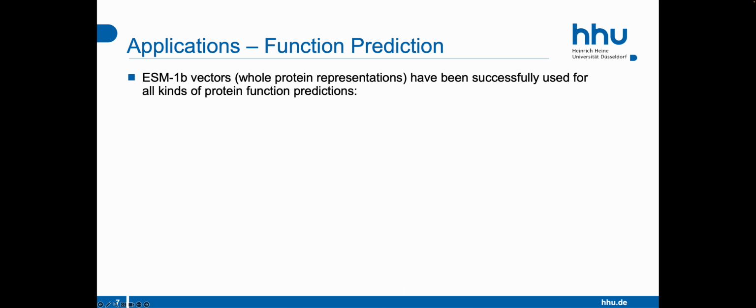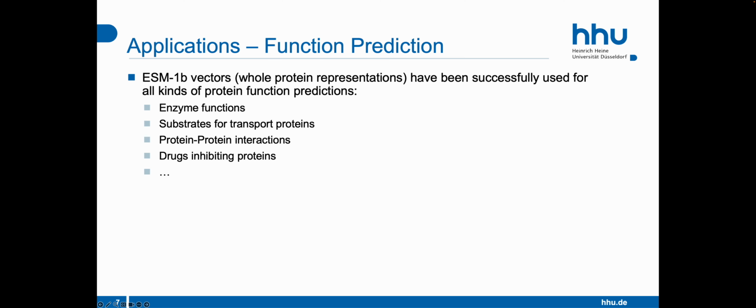Here we are considering the whole protein ESM1B vector again, which is the element-wise mean of all amino acid representations. For example, these vectors have been used to predict the functions of enzymes. There are hundreds of different classes of enzymes that all catalyze different chemical reactions. And we can use the ESM1B vectors to predict to which class an enzyme belongs.